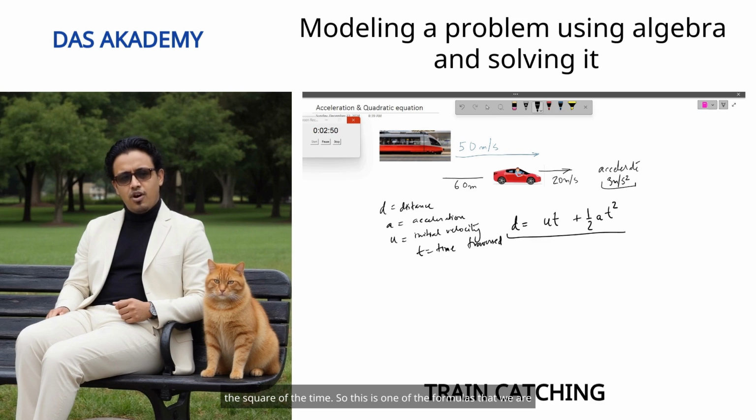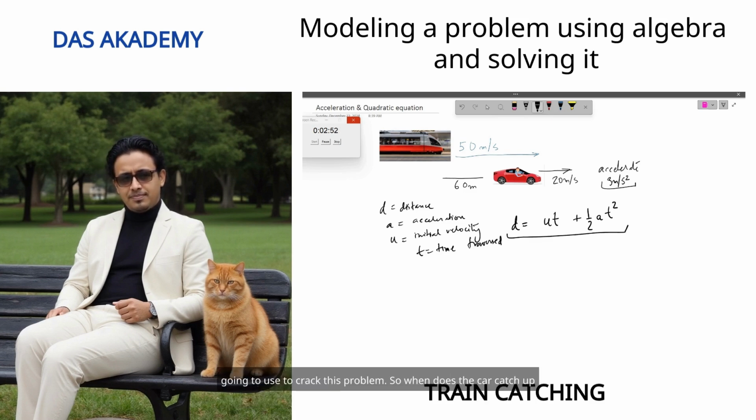So this is one of the formulas that we are going to use to crack this problem.